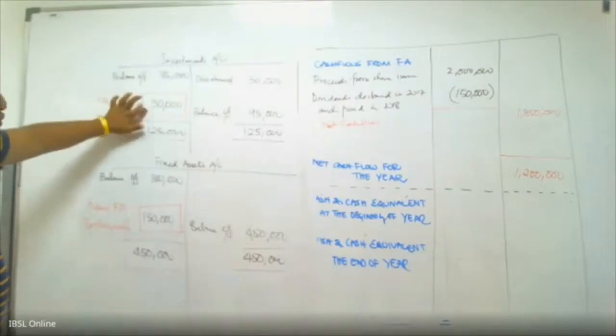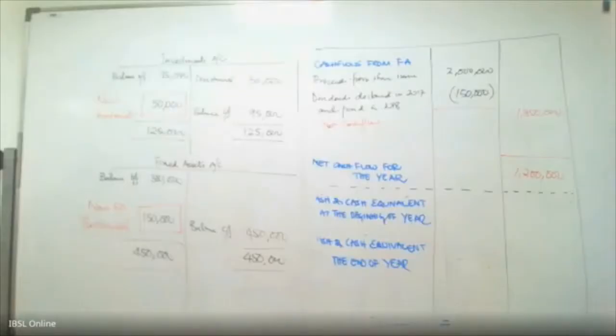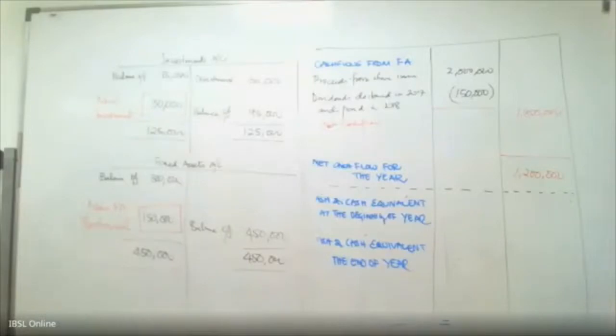And where will these two go? In the statement of cash flow? Where will it go? Any idea? In the cash flow statement, under which category it will go? Investment activities, because both these are involving investments.